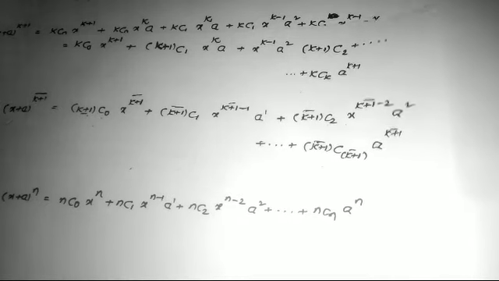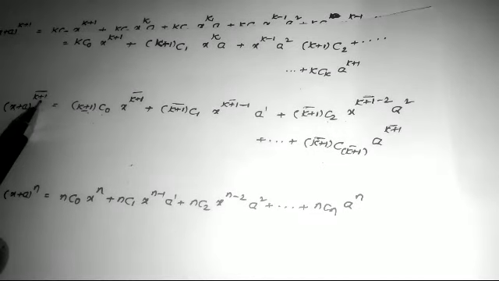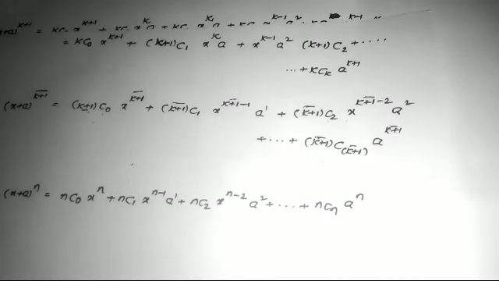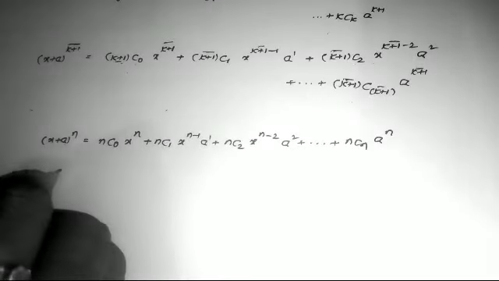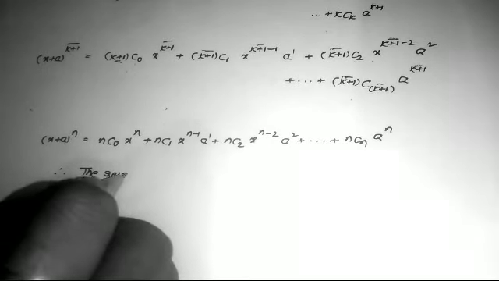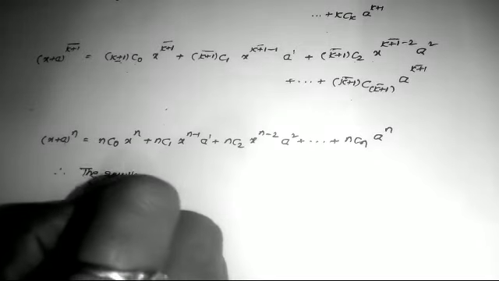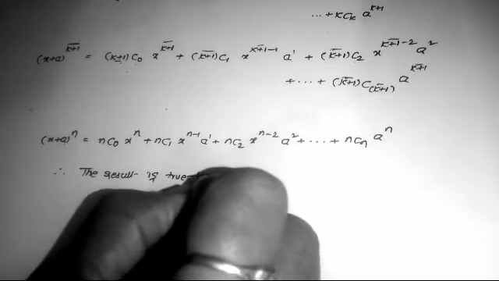Just simply read that k+1 as n, then you get the binomial theorem statement. Therefore, the result is true for n equal to k+1. Since here we get the k+1 value in place of the n, the result is true for n equal to k+1.